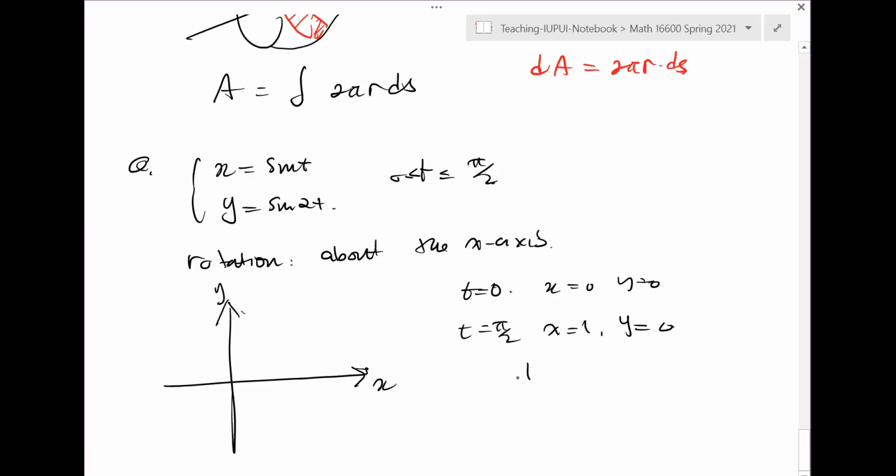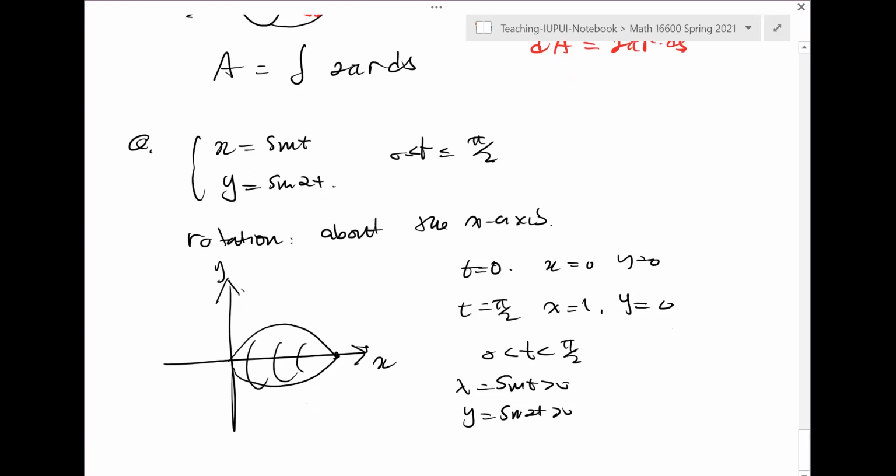But for t between 0 and pi over 2, sine t is positive, and sine 2t is also positive, since 2t is between 0 and pi. That means it's a graph above the axis, and this curve is rotated about the axis.